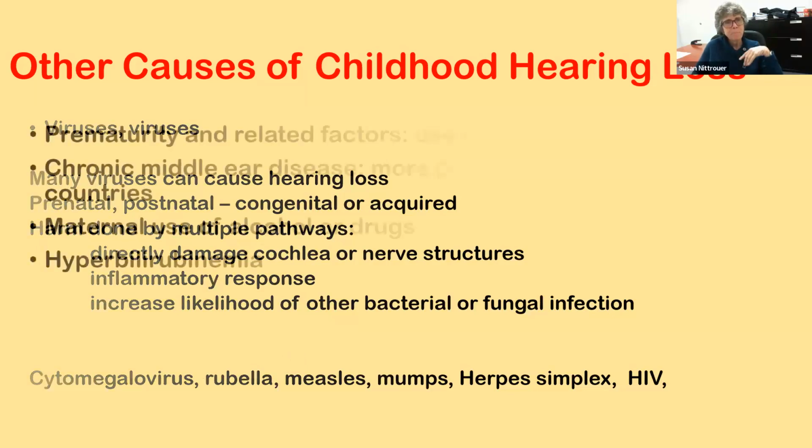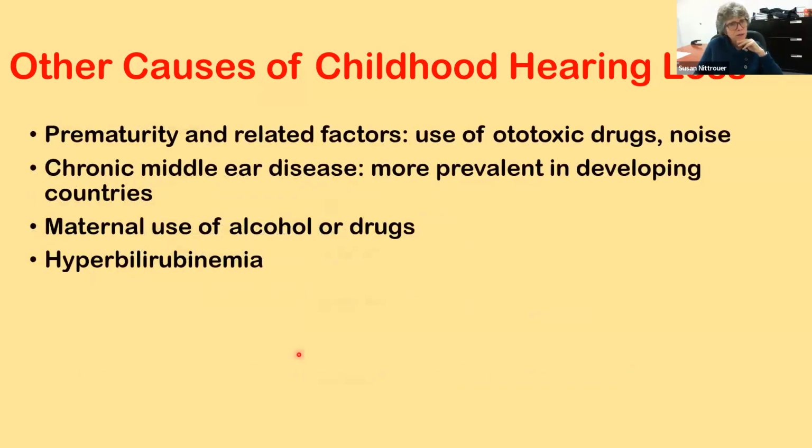Okay, other causes of childhood hearing loss, prematurity and related factors. Many premature babies are given ototoxic drugs to prevent infection. As the term suggests, oto meaning ear, toxic meaning poisonous. So ototoxic drugs are life-saving drugs that can cause hearing loss. Again, it tends to be in those high frequency regions.